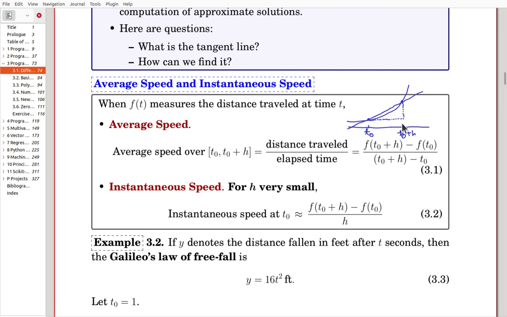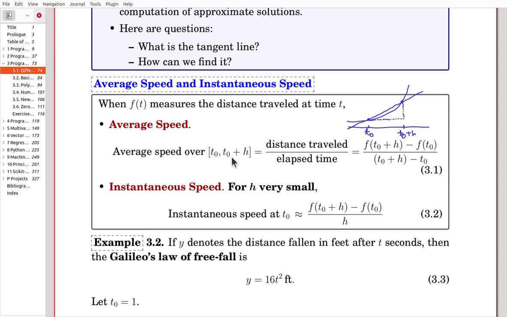Then the bottom length will be t0 plus h minus t0, and this height must be the same as this value minus that one, which is this numerator. So this quotient is the slope of this secant line and the average rate of change over this interval. Because f measures the distance, the quotient is the average speed over the interval.